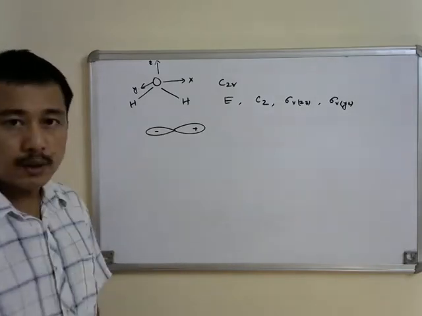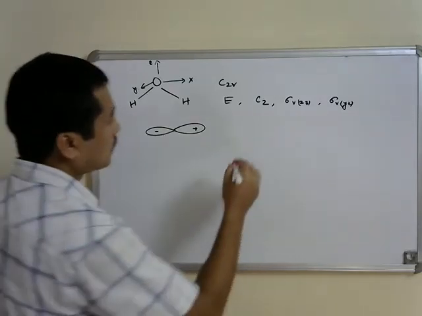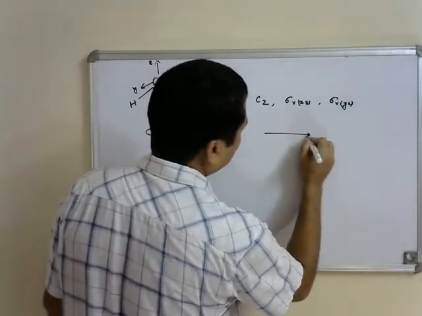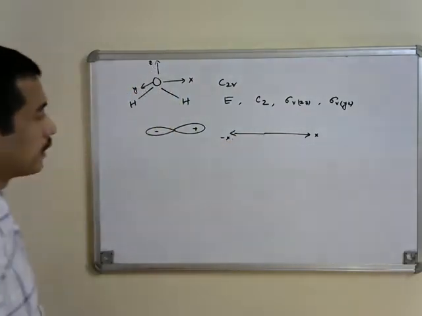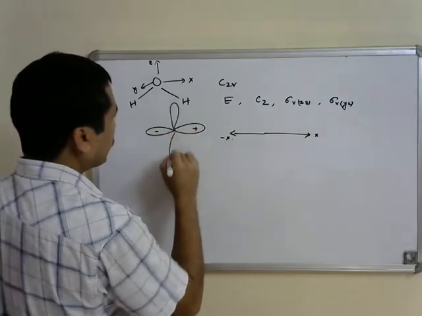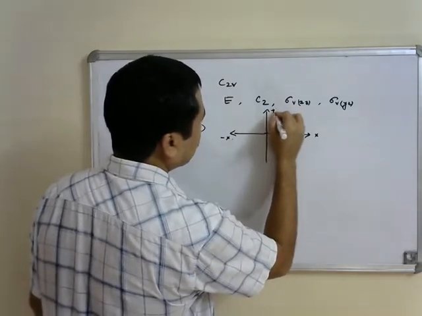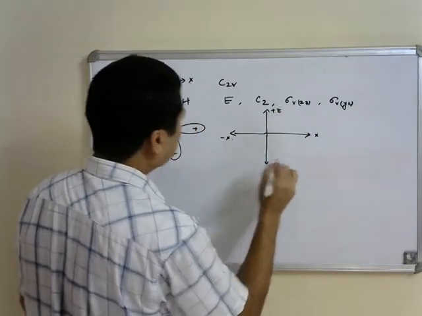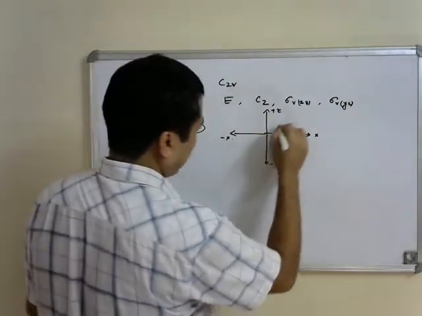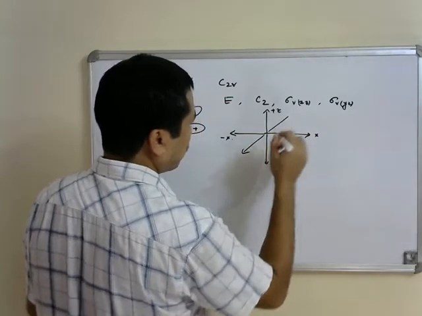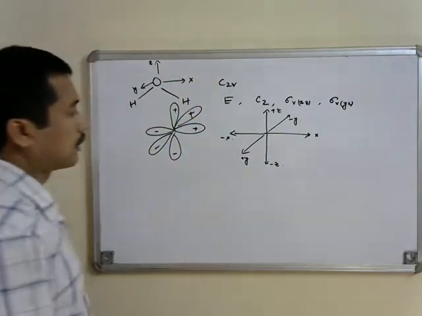One can be written as positive, and the other can be written as negative, the way we write for the Cartesian coordinate system as well, that along one direction we write x to be positive, and the other direction we write x to be negative. The pz orbital pointing up, again we can write with two lobes in this way, so this is plus z and minus z, and the py orbital along the y-axis, that is perpendicular to the plane of the board, this to be plus y and this to be minus y, that is what we assume.